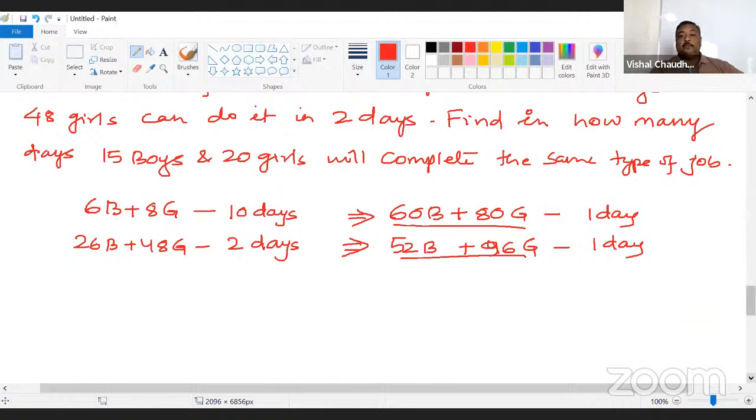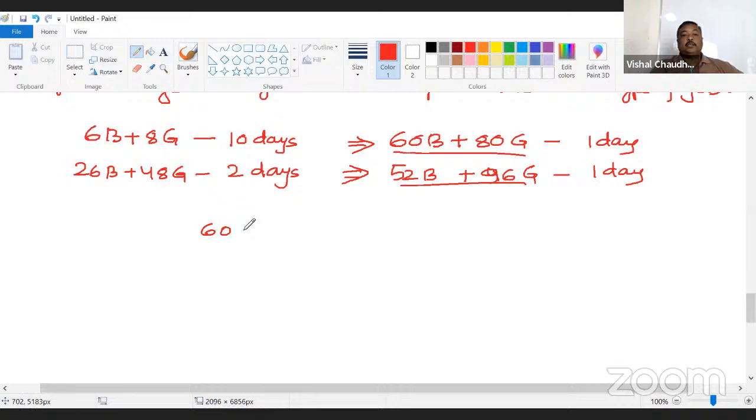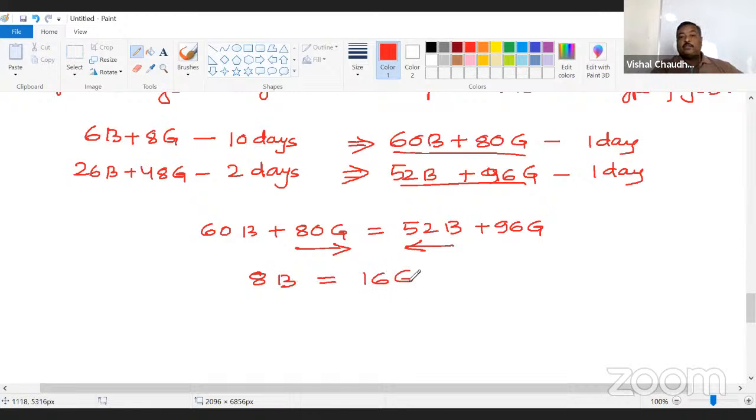So what we will do here is we will equal it. 60 boys plus 80 girls is equivalent to 52 boys plus 96 girls. बॉयज इधर भेज दो, गर्ल्स इधर भेज दो। यहाँ पे 8 boys is equal to 16 girls। और सिंपली 1 boy is equivalent to 2 girls। इसका मतलब एक बॉय जितने यूनिट ऑफ काम करेगा उतना ही काम 2 गर्ल्स मिलके करेंगी। Did you get my point?